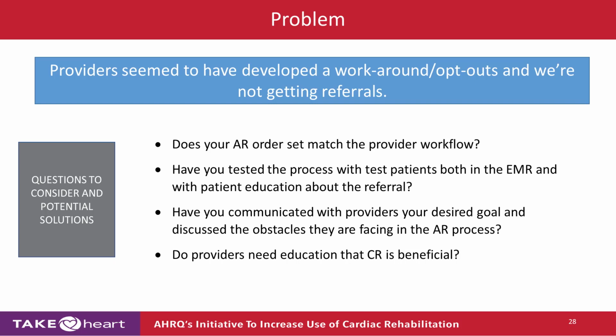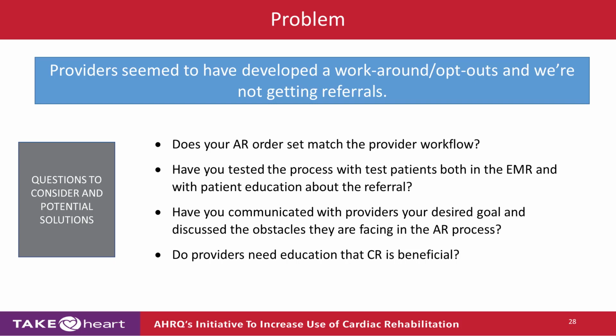So for our program, it's set to you will be automatically referred, but you have to fill in the reason for the referral, which is the qualifying diagnosis. If you decide that this patient does not meet these qualifying diagnoses in the checklist, then you will click no referral, which would be an opt-out.